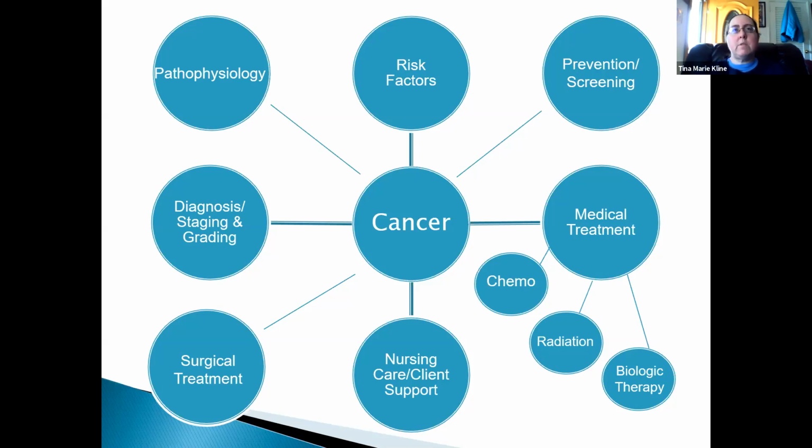So the mutation occurs on the cell. Now, just because there's a mutation doesn't mean it's a full-fledged cancer cell. It doesn't mean it's going to cause cancer. We have mutations in our cells all the time. However, we also have processes in the body that are aimed at fixing those mutations.